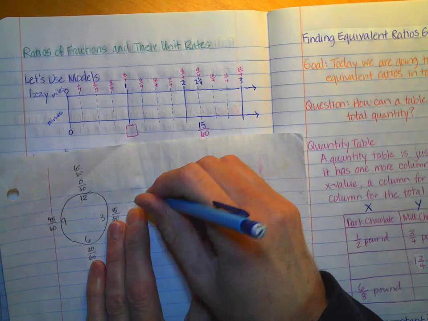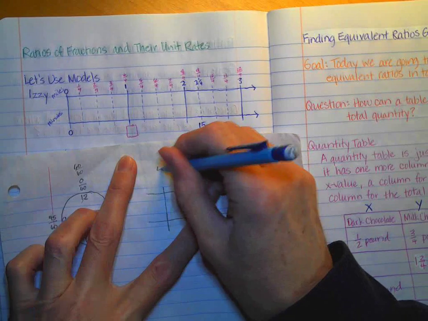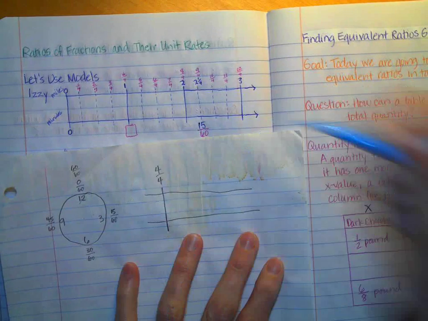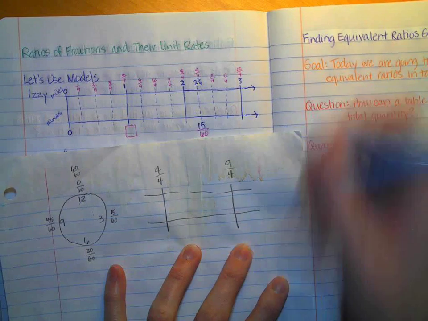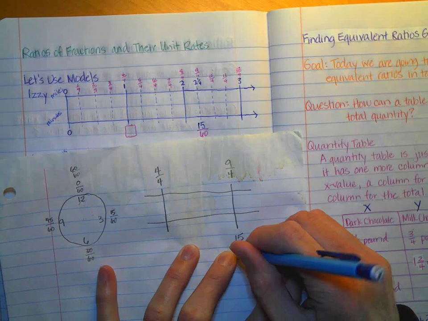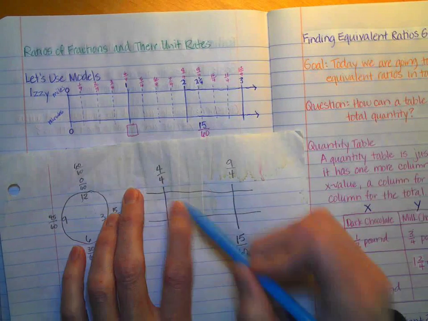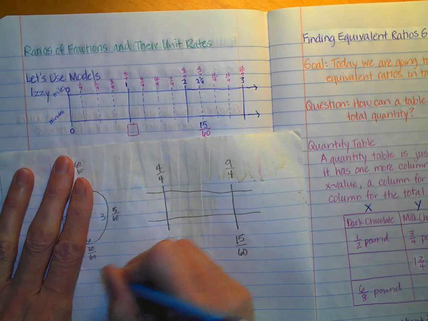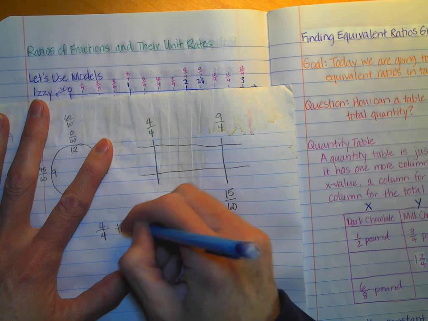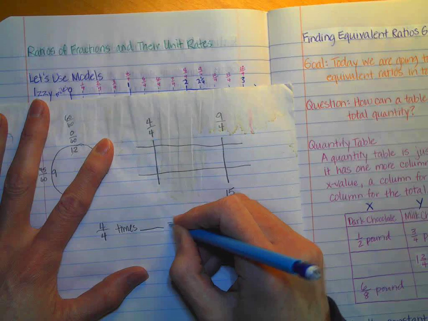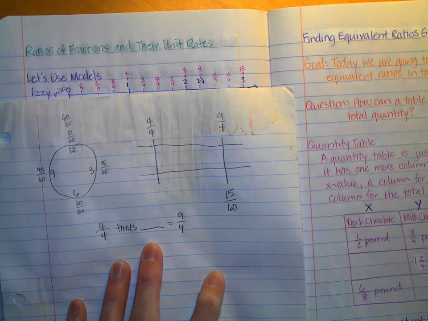So hopefully you guys are remembering how we use double number lines, but let's draw a quick, smaller version. I want to get to 4/4. Right now I'm sitting at 9/4, and I know that this amount is 15/60. So the question I have to ask myself is, 4/4 times what number equals 9/4?